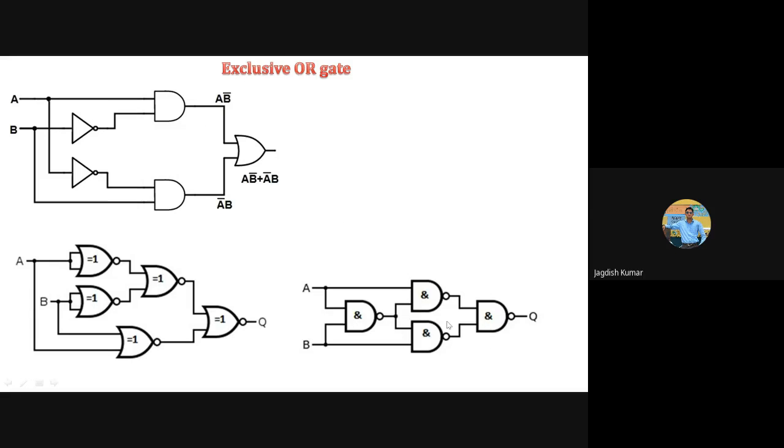Now this implementation is with the help of NAND gates. Again, one way to do this is to verify with the help of the truth table. But I won't be doing that for you. You can draw this circuit and do it yourself.